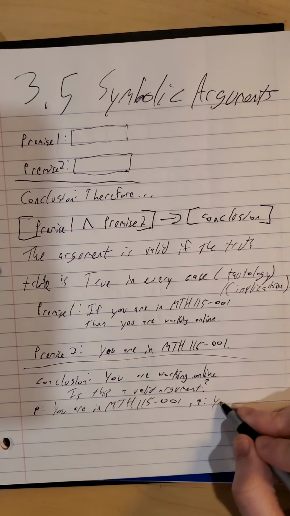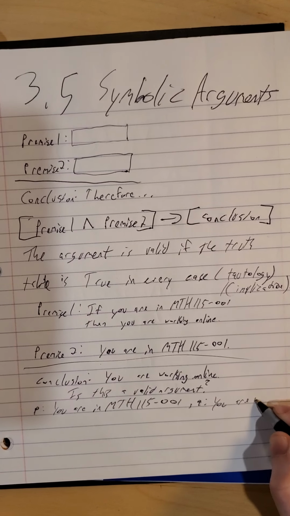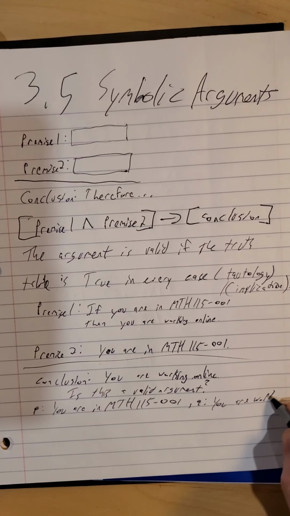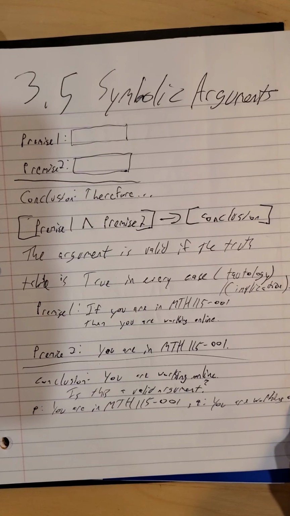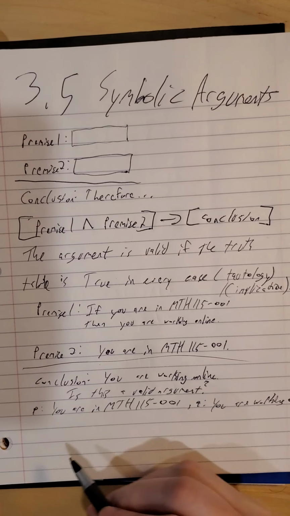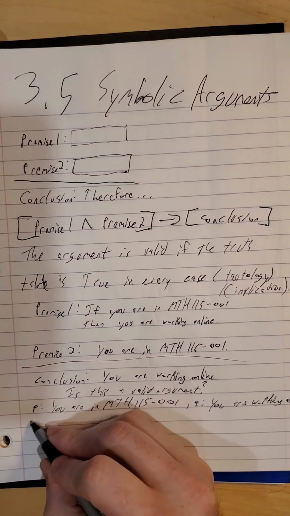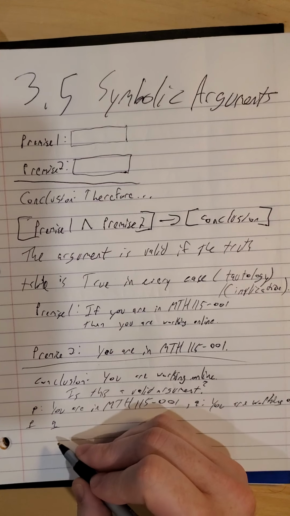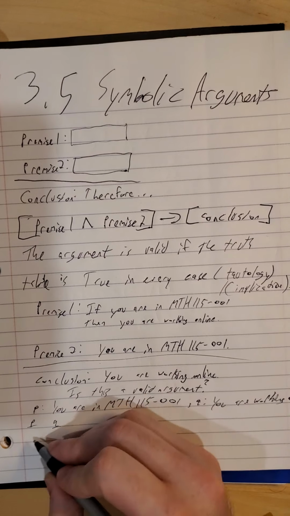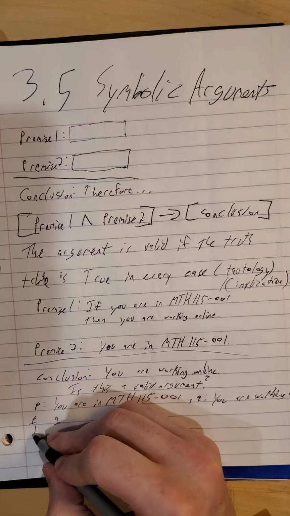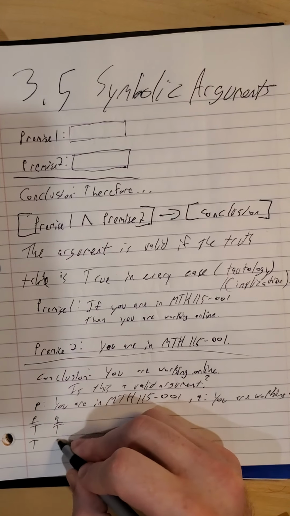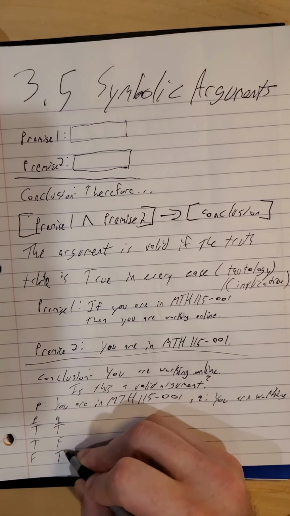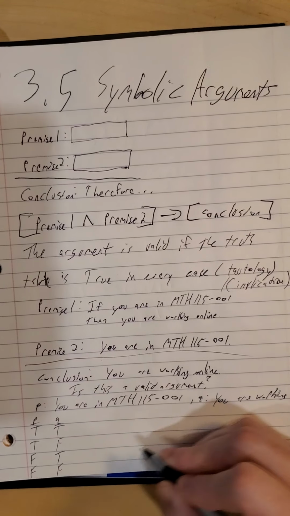Q will be you are working online. So I'll make a quick little truth table for this guy. We only have 2 basic ones, so we only need the 4 rows. So our usual true, true, true, false, false, true, false, false to get us started.